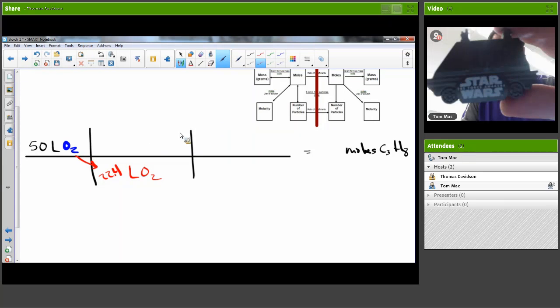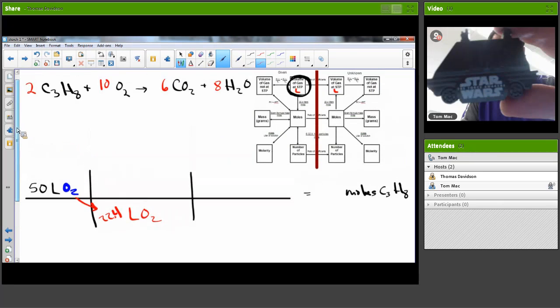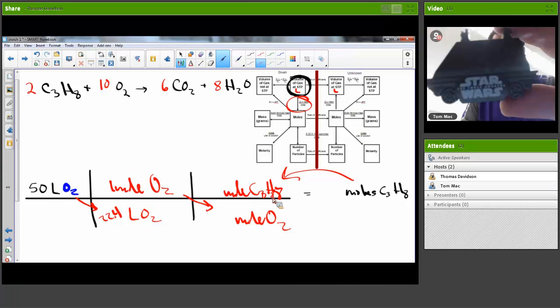All right, now, anytime I write 22.4 liters, it's always attached to what else? 1 mole of the same thing. All right? If mole O2 is on top, what has to come down here? Mole of O2. And then what unit do I need at the end? Oops, H8, not H18.